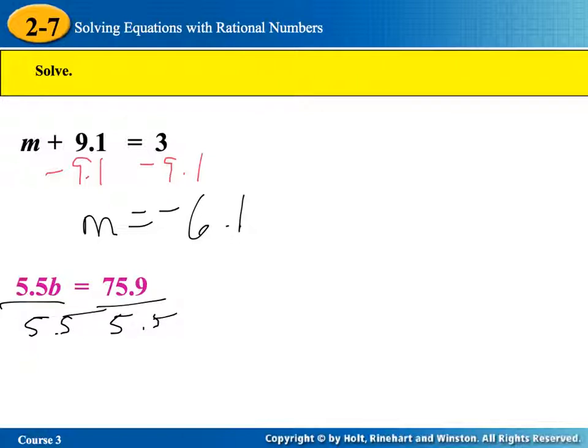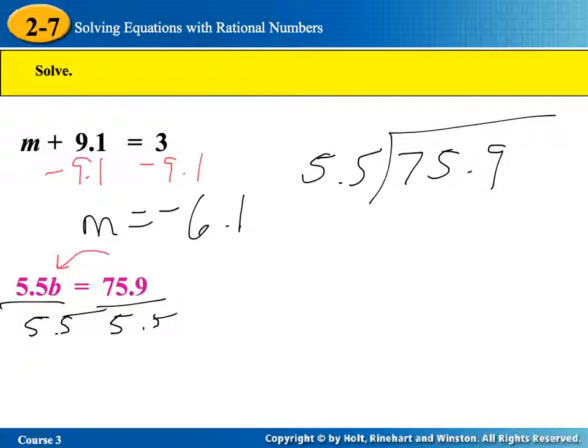Okay, so now we divide because in the problem we are multiplying, right? So we take 75.9 and we're going to divide 5.5 into it. Make sure, again, to move our decimals. We don't want to deal with dividing decimals. It's ugly. It's nasty. Don't do it. So now when we divide, 55 goes into 75 once.